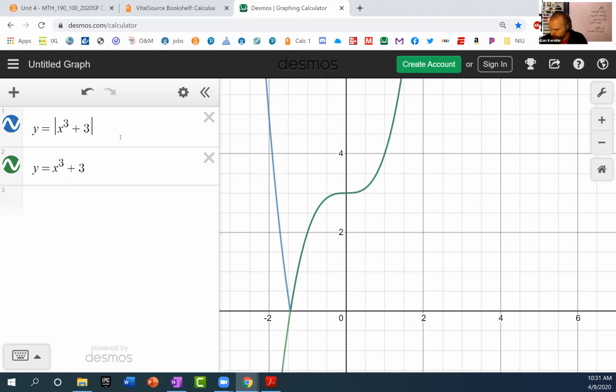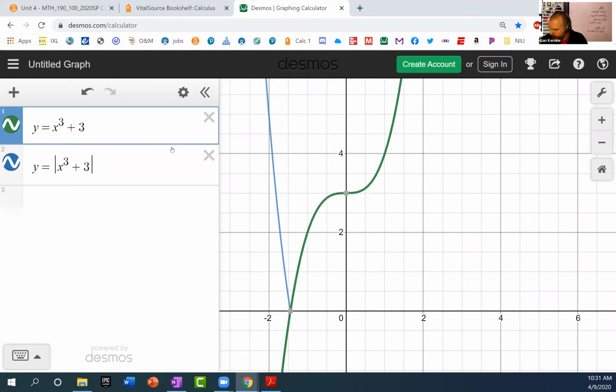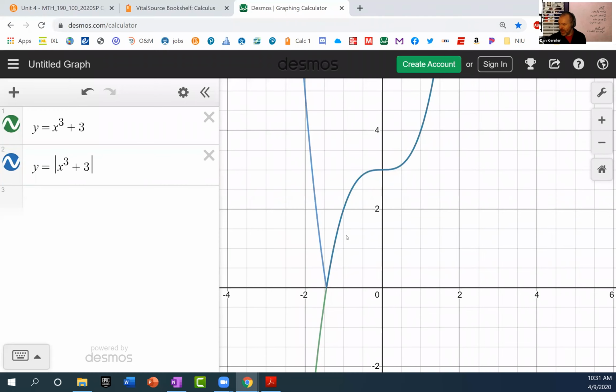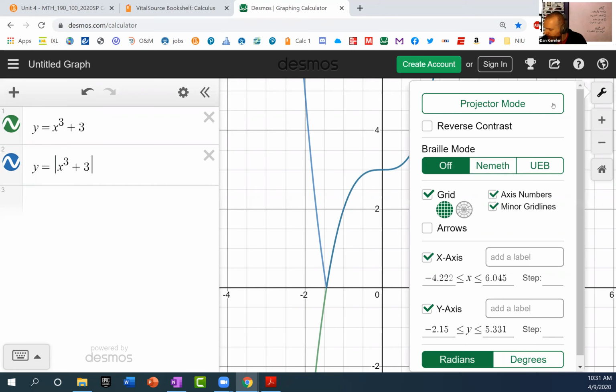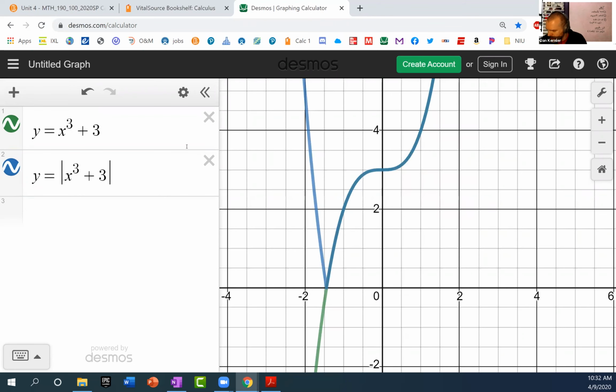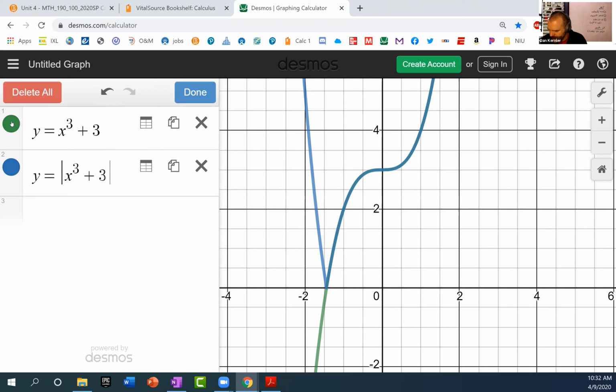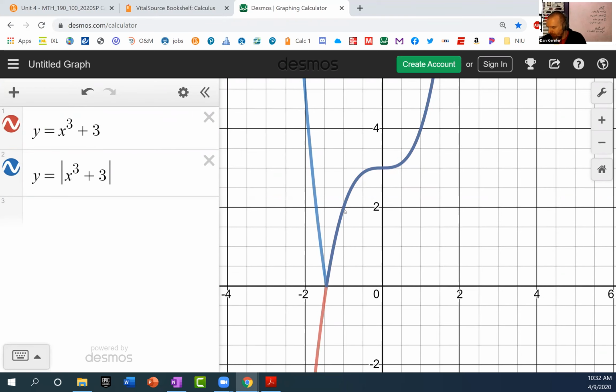So do you notice that they are identical to the right? Let me see if I can make it a little bit thicker here. A bit easier to see, maybe change colors. So it's like purple over here on the right because the red and blue are identical, but then they split, the red goes down and the blue goes up.